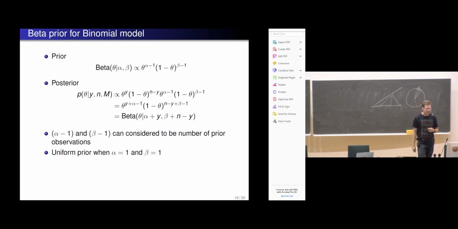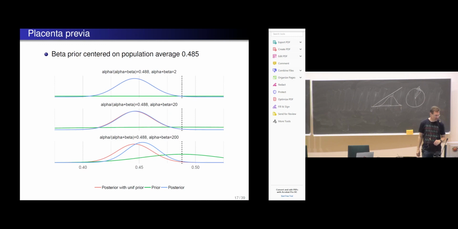So if we observed something, or if we have some knowledge which can be presented with the beta prior, we can think of them as prior observations, and we can that way evaluate how strong prior is compared to the information from the data.